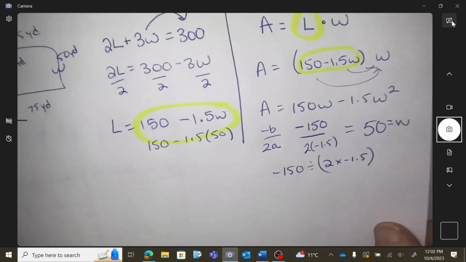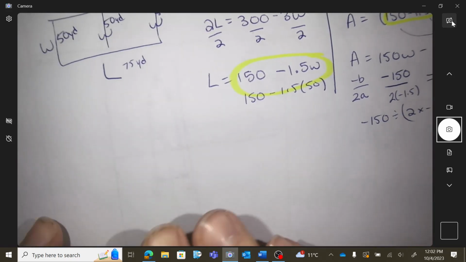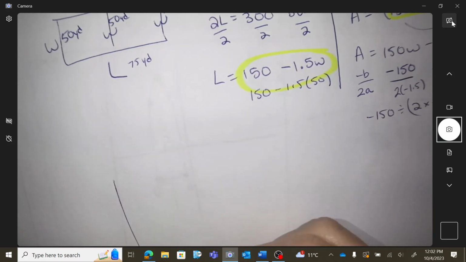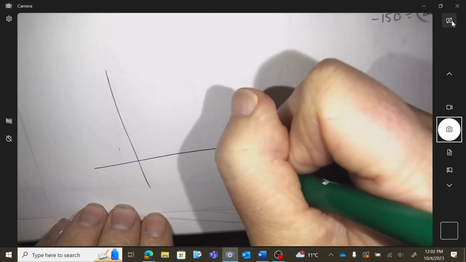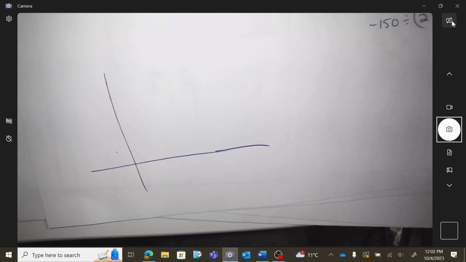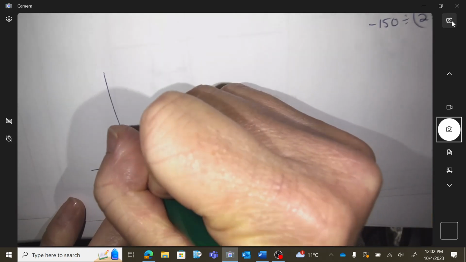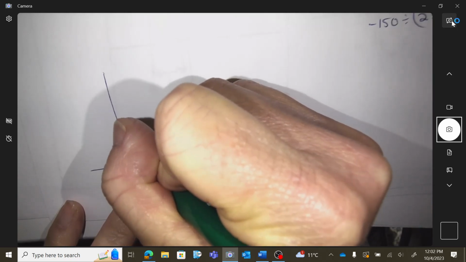Okay, I just want to, because I think there should be a little bit of room, give you a little bit of a diagram. Let's draw somebody throwing a baseball. Show me what it would look like on a graph.